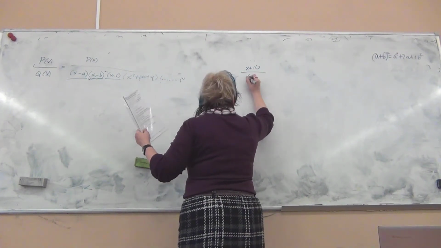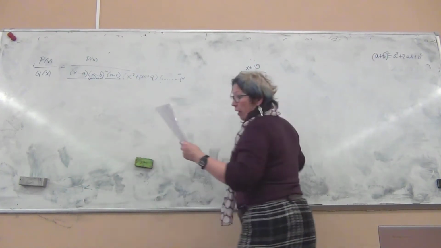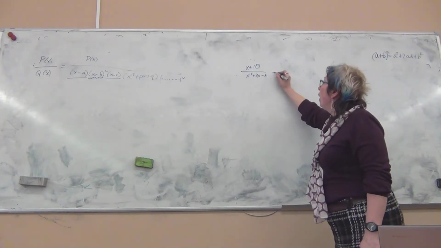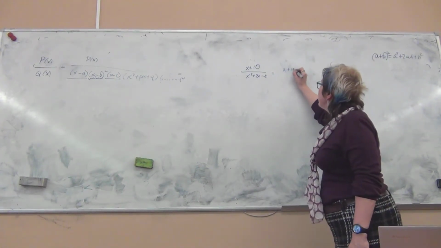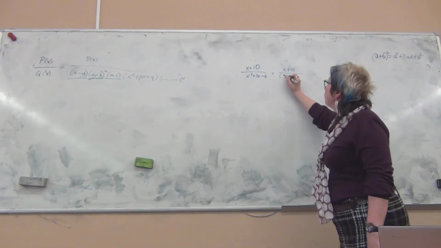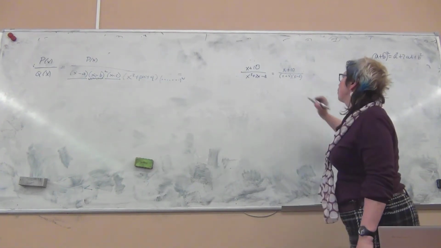x plus 10 over x squared plus 2x minus 8. If I want to integrate this, I know that the denominator can be factorized: x plus 4 times x minus 2.